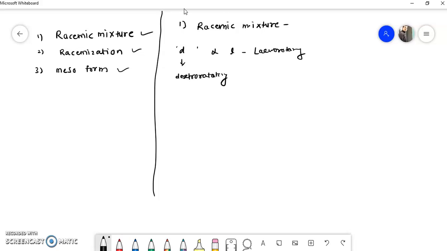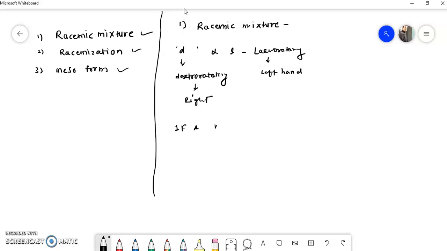I explained this at the time of enantiomers, though I will recap. Dextrorotatory means an enantiomer which rotates the plane of polarized light to the right hand side, and levorotatory means an enantiomer which rotates the plane of polarized light to the left hand side.